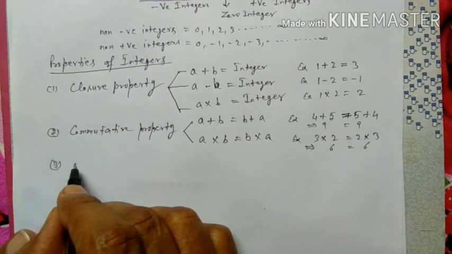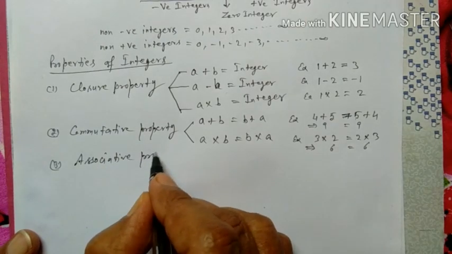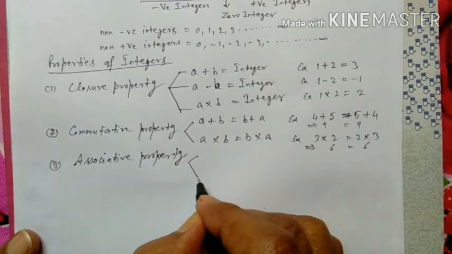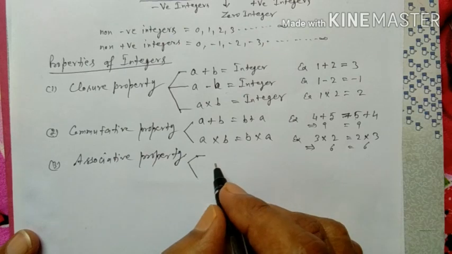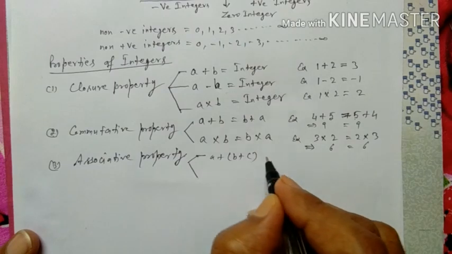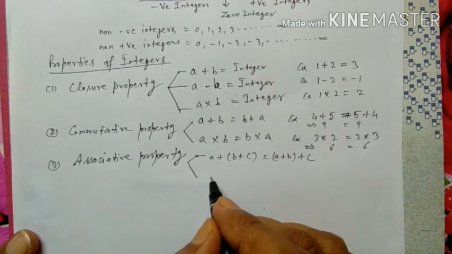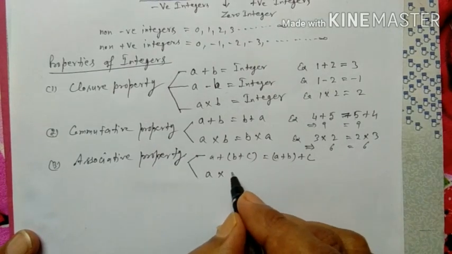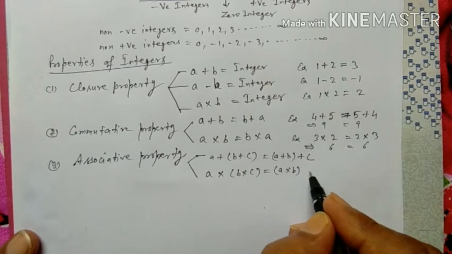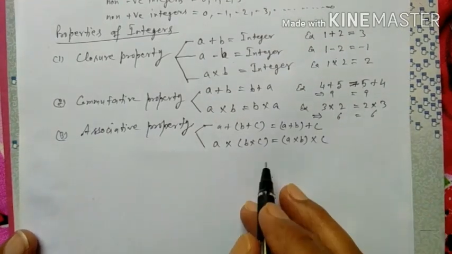Third property is the associative property. Associative property also holds for addition and multiplication. A plus b plus c equal to a plus b plus c, grouped in either way, and for multiplication also, a into b into c equal to a into b into c. You can check by taking some examples.